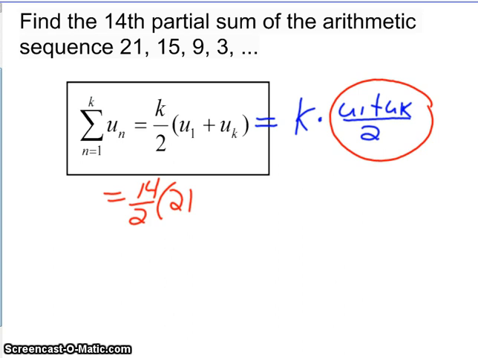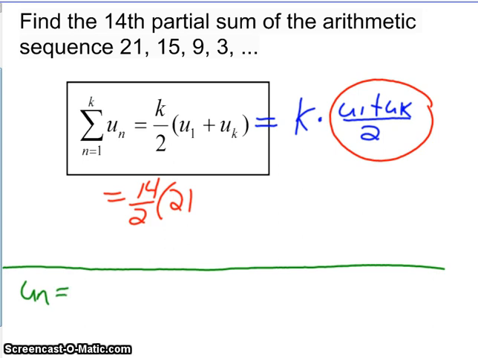However, I can quickly figure out what the 14th term is, because the formula for the arithmetic sequence is u sub n equals u sub 1 plus n minus 1 times d.